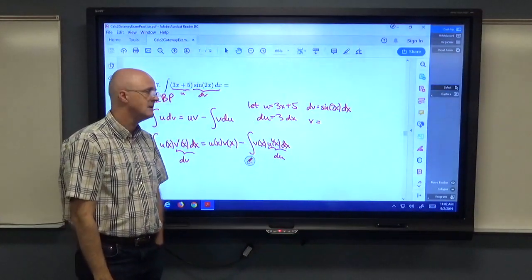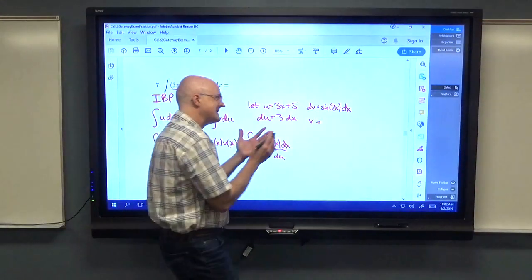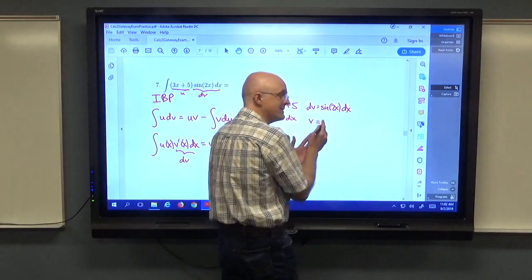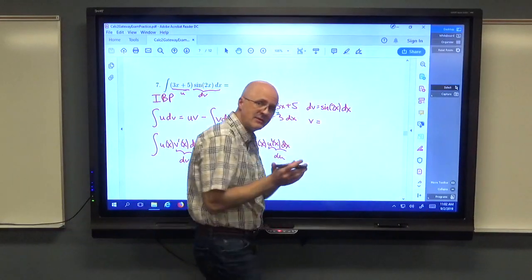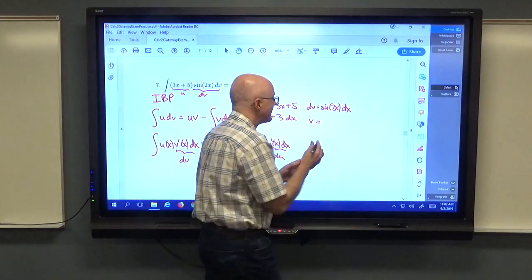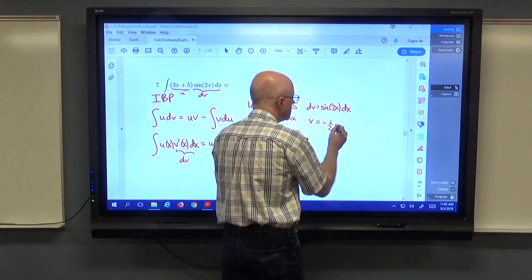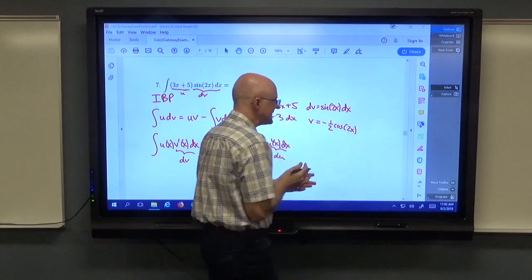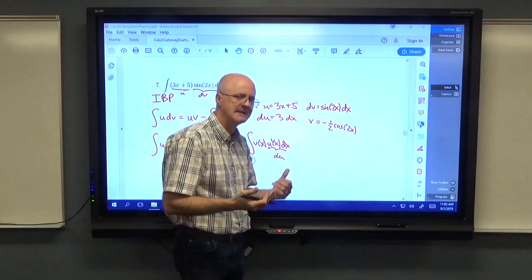Technically speaking, I need substitution to do that integral, but it's simple enough that you can guess if you're careful. The integral of sine is negative cosine, because the derivative of cosine is negative sine. Because of the 2 there, you're going to get negative 1/2 cosine of 2x. Do you need a plus c? No. You just need one antiderivative. You might as well take c to be 0.